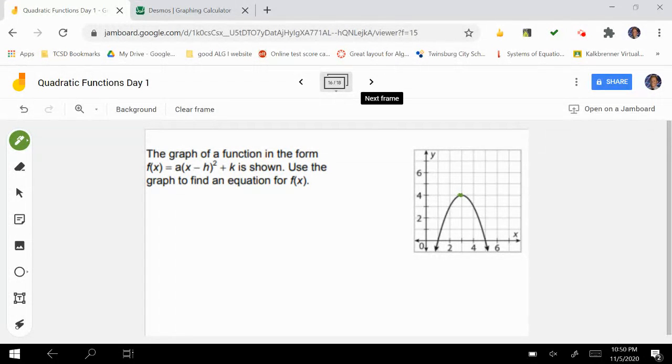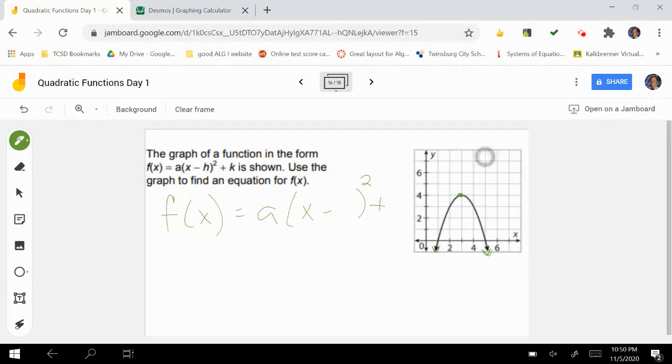So again, this is called vertex form because the most important point besides my solutions is going to be my vertex. So I can tell you right now, my a value is doing what? It's pointing downward, so I know this is a maximum. What's my vertex? I'm just going to rewrite f of x equals a parentheses x minus h squared plus k.